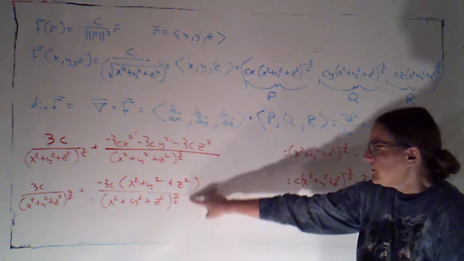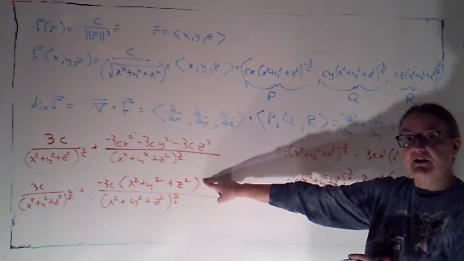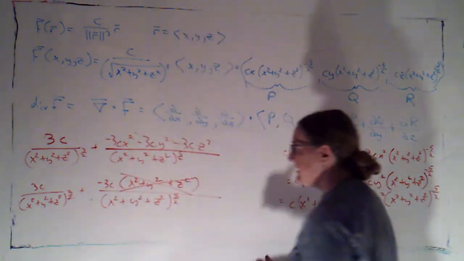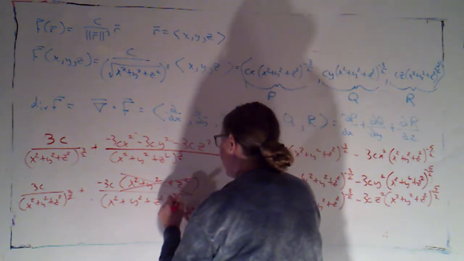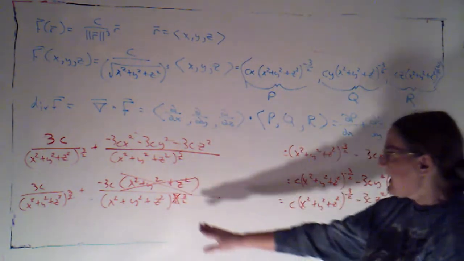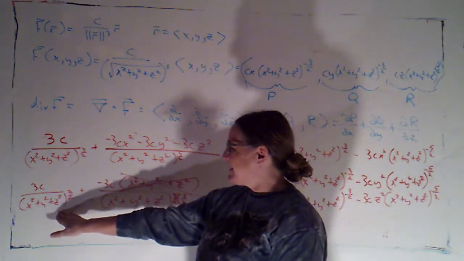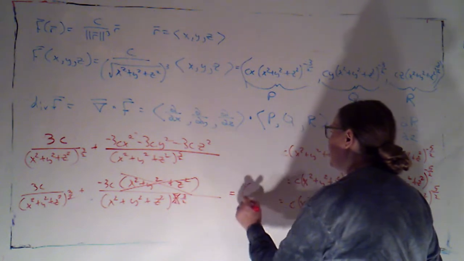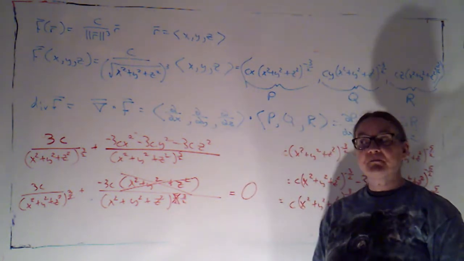Well, I can cancel one factor of x squared plus y squared plus z squared. If I cancel that, then instead of having it to the 5 halves, I'm going to have it to the 3 halves. But now this denominator is the same as this one. I've got 3c on top here, minus 3c on top here, and that's going to be 0.